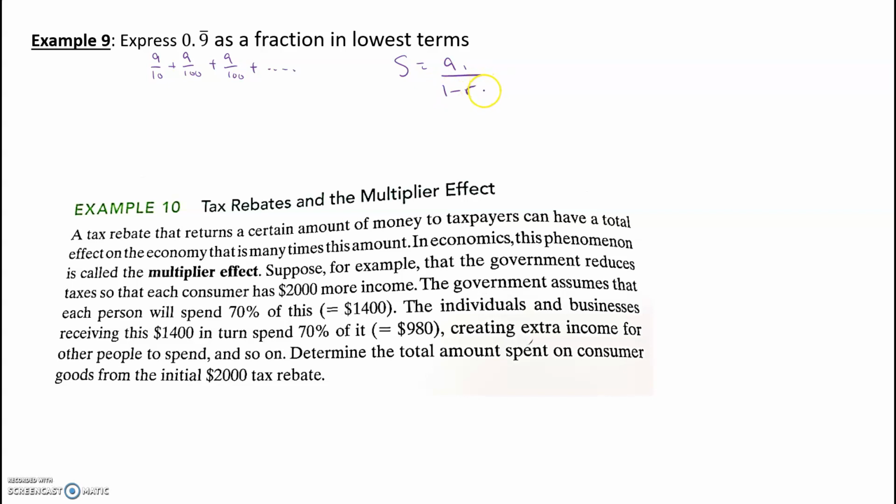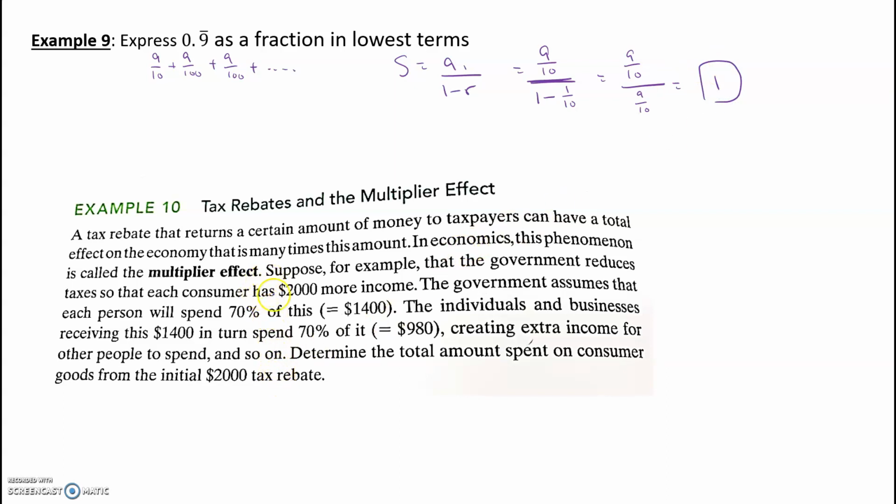And we're going to go ahead and say a sub 1 is 9/10 over 1 minus r, which my rate every time I'm multiplying by 1/10. And here you have 9/10 divided by 9/10, right? 10/10 minus 1/10. Keep, change, flip, you get 1.